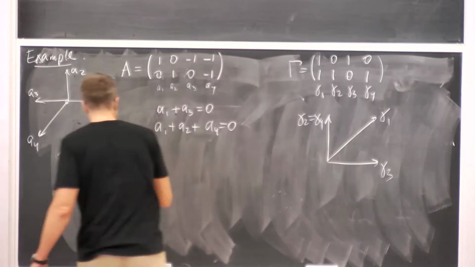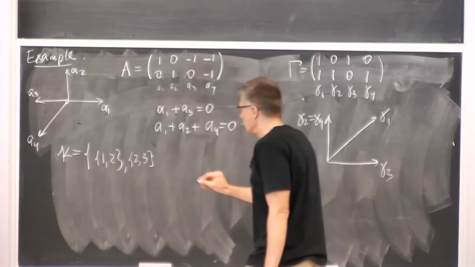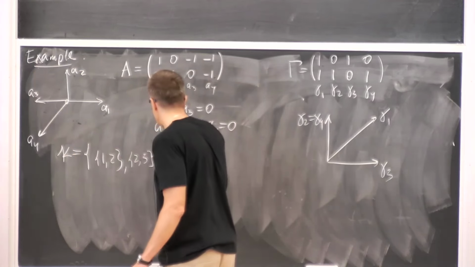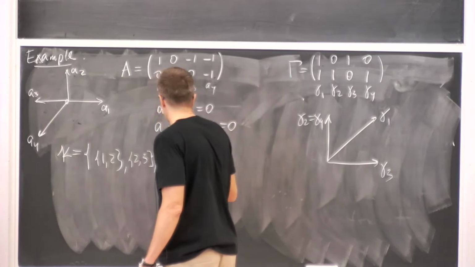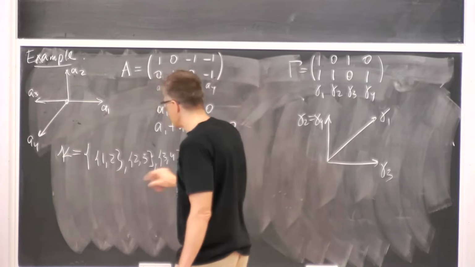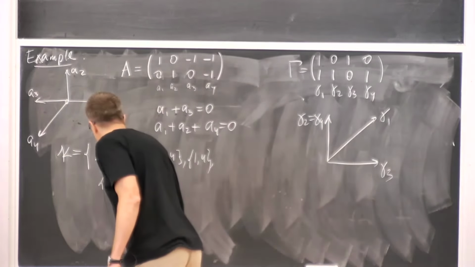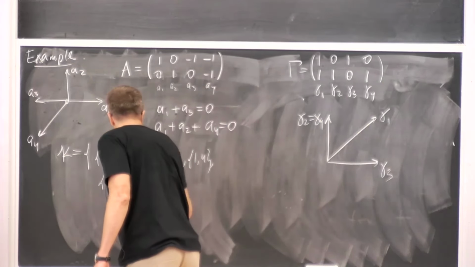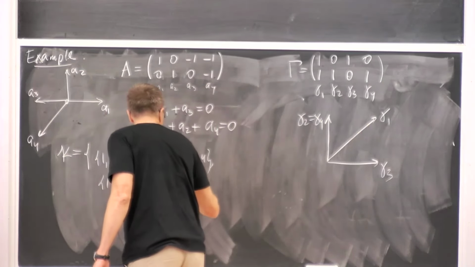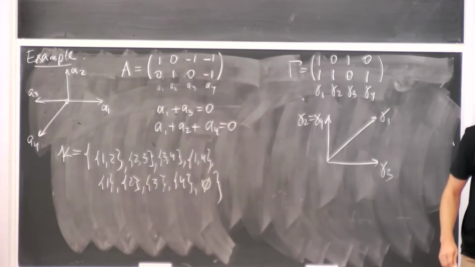Then you have 2, 3 is a cone, so you have 2, 3. Then you have 3, 4, and you have 1, 4. And then, of course, you also need to include the one-dimensional cones, 1, 2, 3, 4, and also the empty set. So that's your simplicial complex.